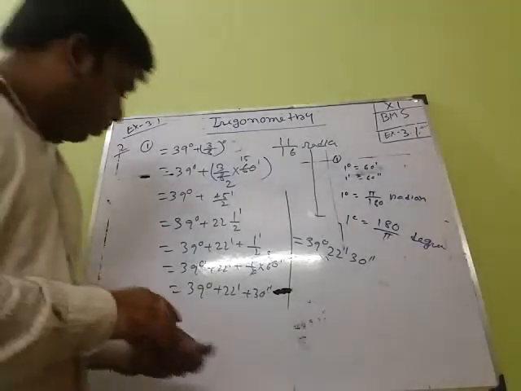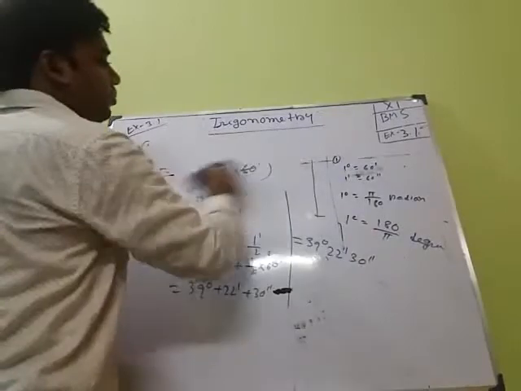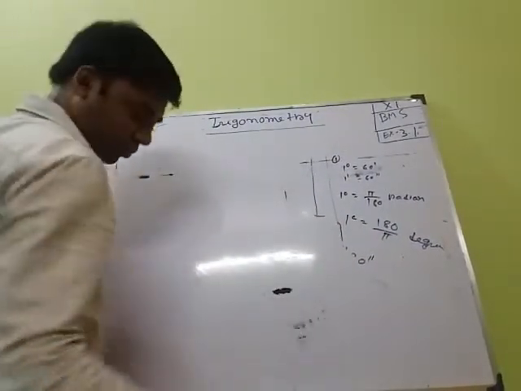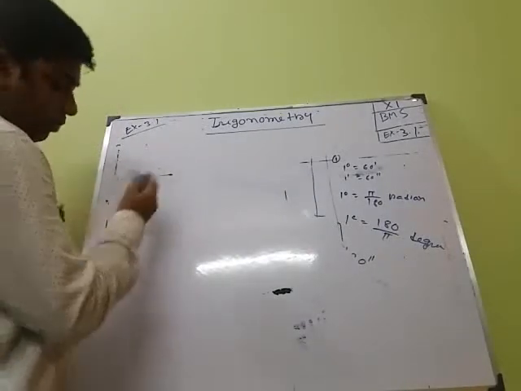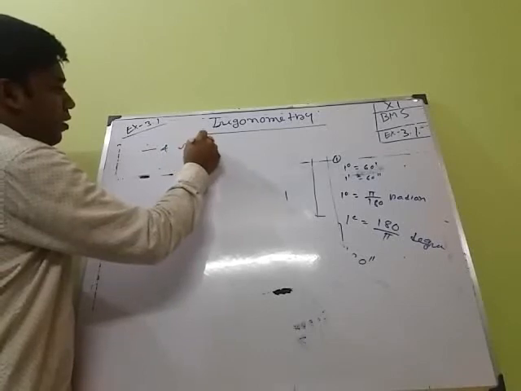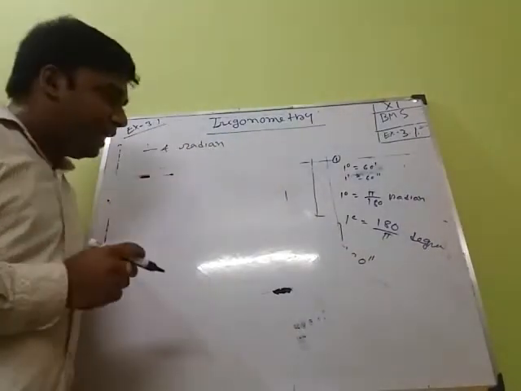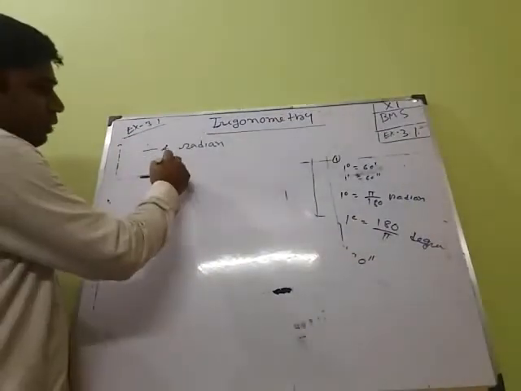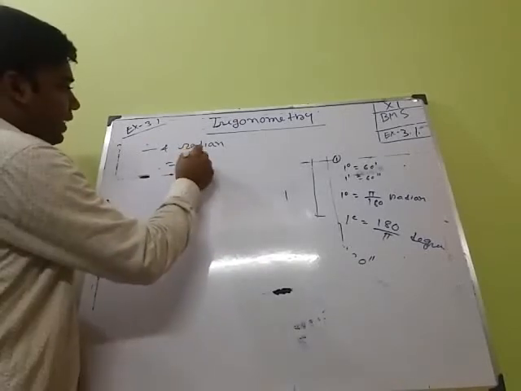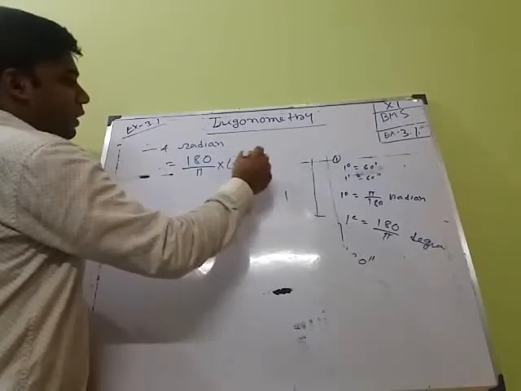In a similar way, question number 2, that is minus 4 radian. To change it, you have to multiply by 180 by pi into minus 4 degree.